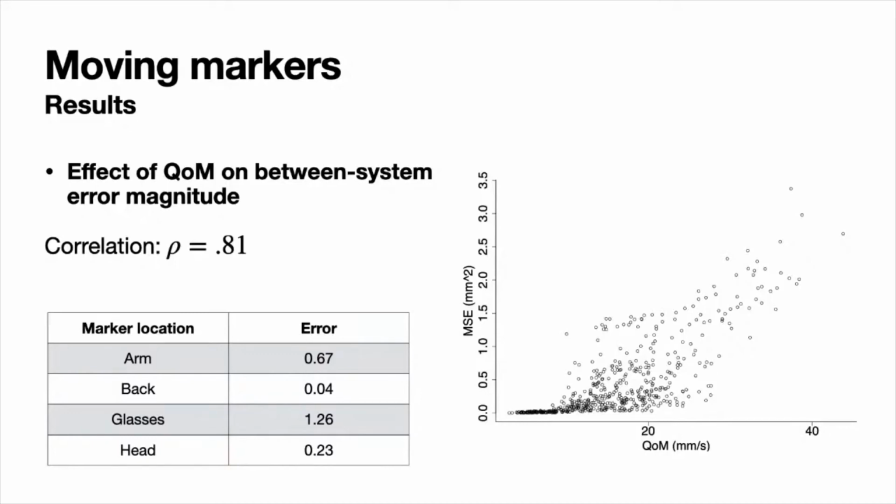You can also see this in terms of the average between-system error that we got for markers at different locations. For example, the back didn't move all that much and the error is quite small, but for the glasses, which moved quite a bit more, the error was bigger.